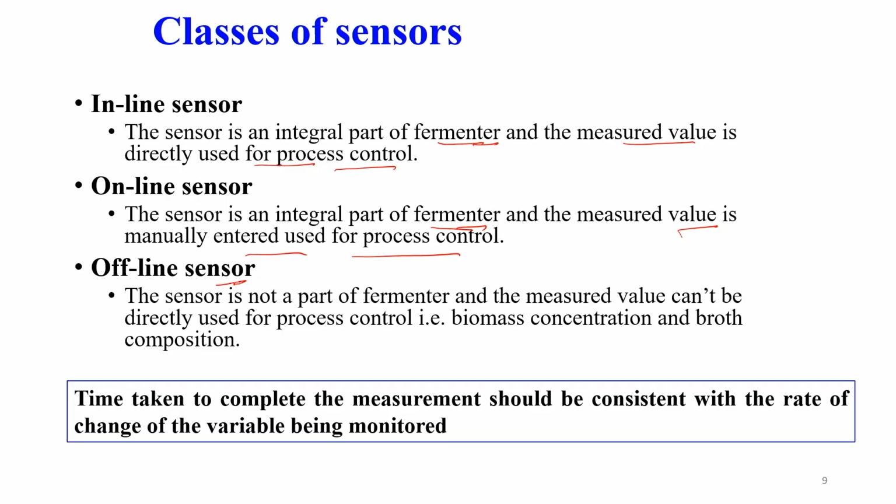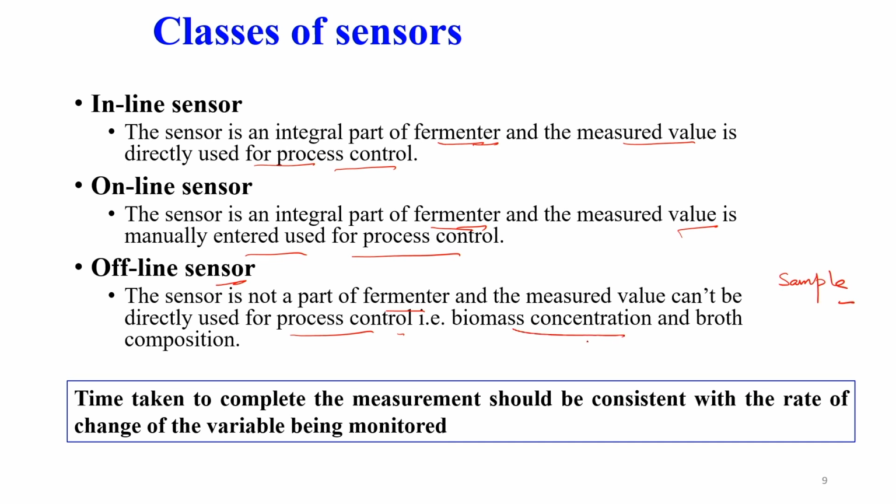Offline sensor, here the sensor is not a part of the bioreactor, it is not directly integrated or attached with your bioreactor, and the measured value cannot be directly used for process control. So, in this case you need to take out the sample and then analyze separately.